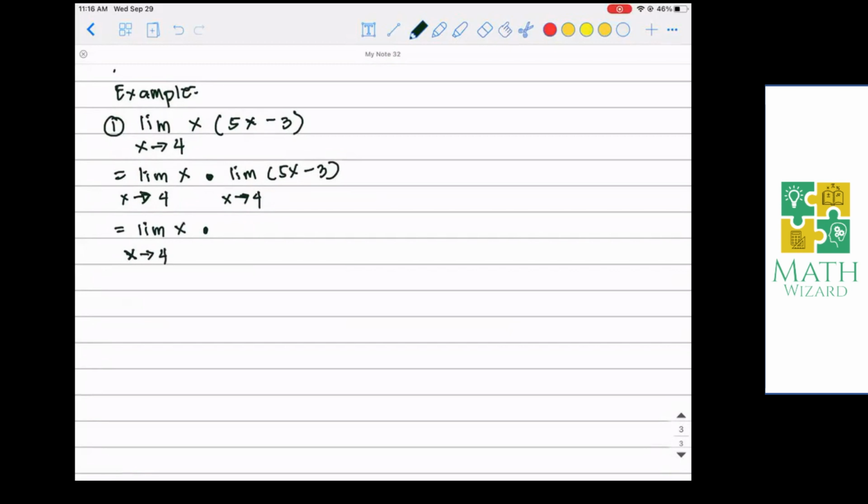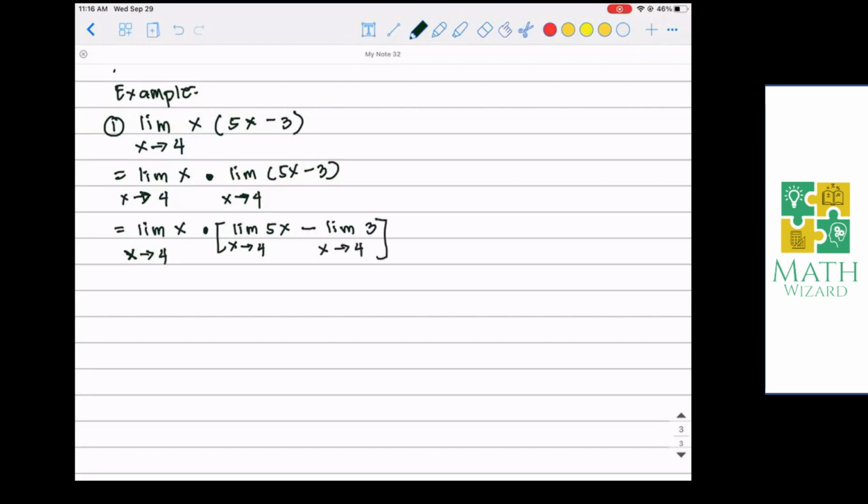So, kaya yung 5x minus 3, ititreat din natin separately. Yan. So, the limit of 5x as x approaches to 4 minus the limit of 3 as x approaches to 4.